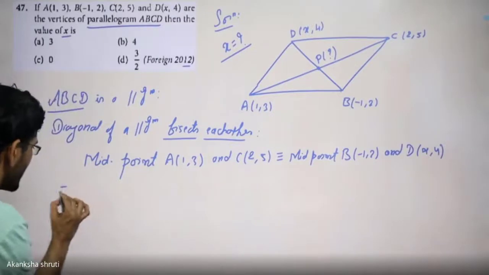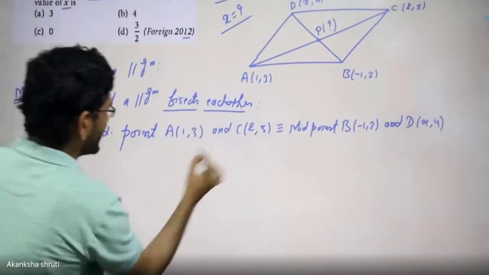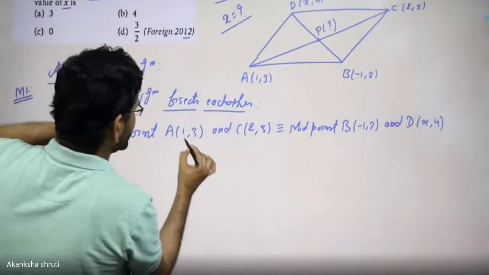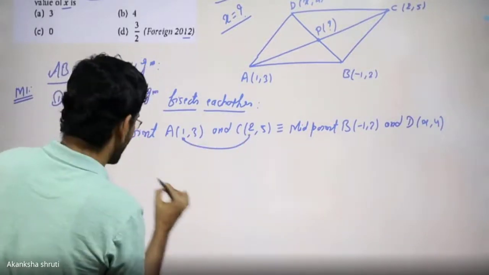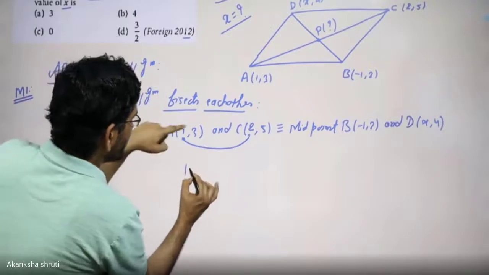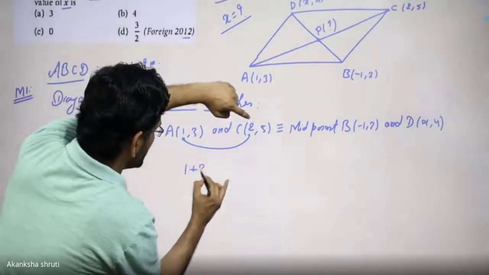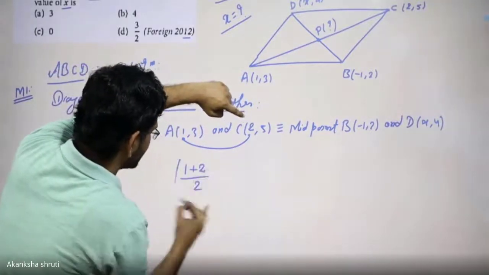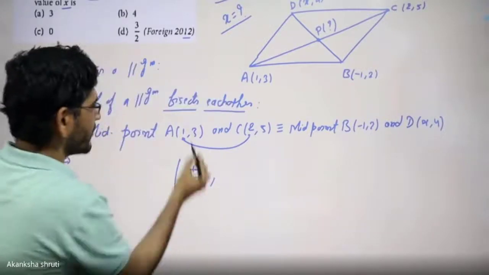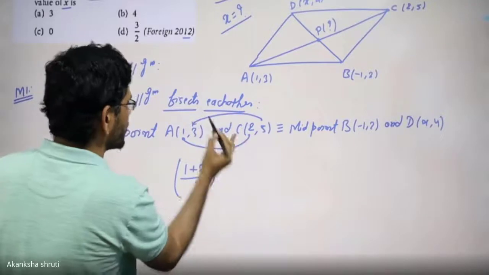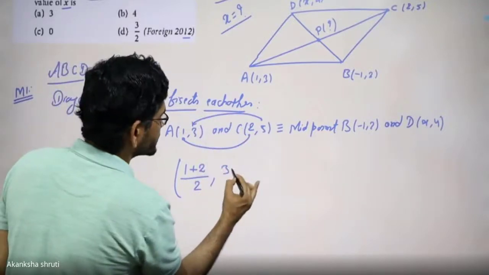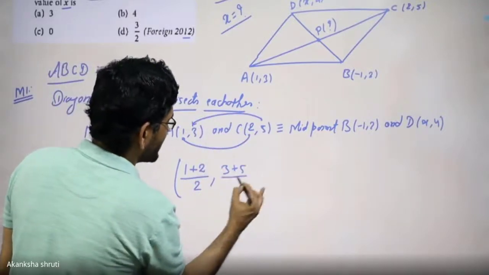So this implies, students, the midpoint of A and C can be calculated just by adding their x coordinates and dividing by 2. It means (1 plus 2) divided by 2 is the x coordinate, and the y coordinate of AC is obtained by adding their y coordinates and dividing by 2, so (3 plus 5) by 2.